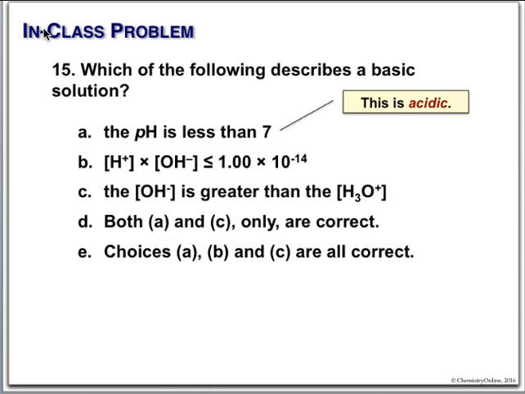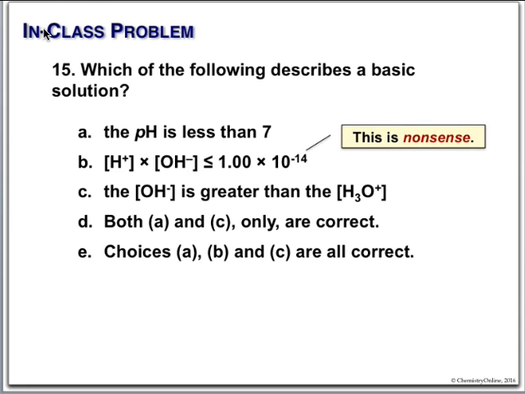So our first one here, the pH is less than 7, this is acidic. Now, what did I just say about the concentration of hydronium and hydroxide? It's always equal to 10 to the minus 14. Always. It's not less than or equal, therefore, this is nonsense.